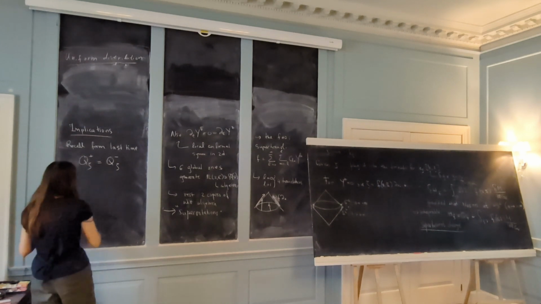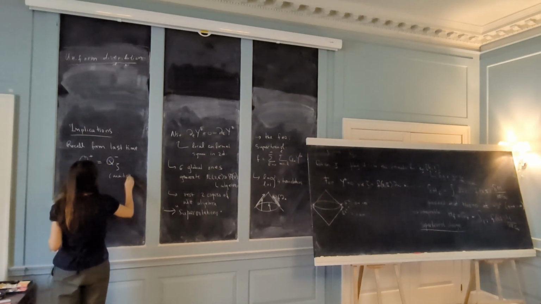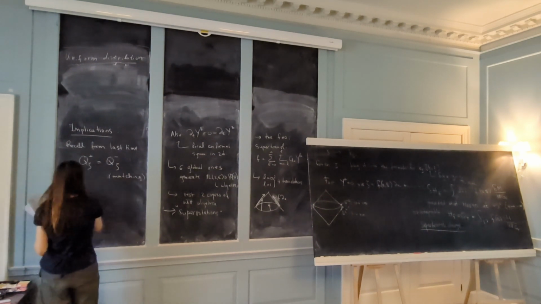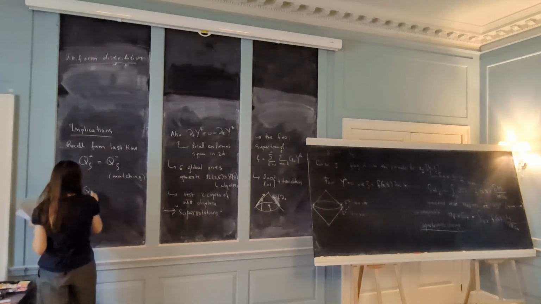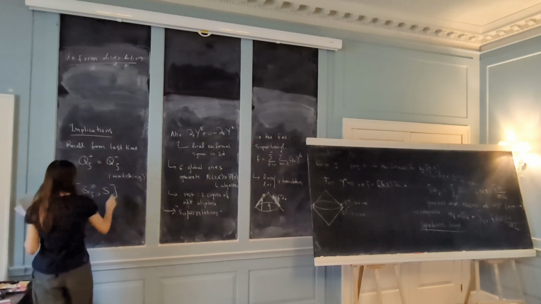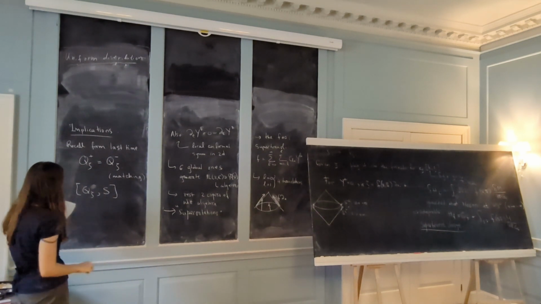So we have some matching condition of this form, and we saw last time that, provided you have this conservation law, you can look at what happens at the level of the S matrix.